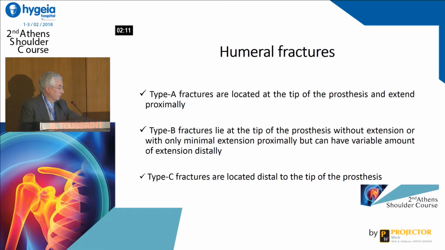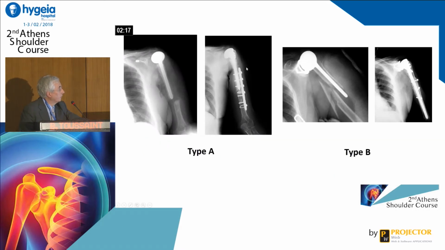And type C is located distal to the tip of the prosthesis. You see different types here, and for type A you can fix the fracture with a plate, cerclage and a screw.